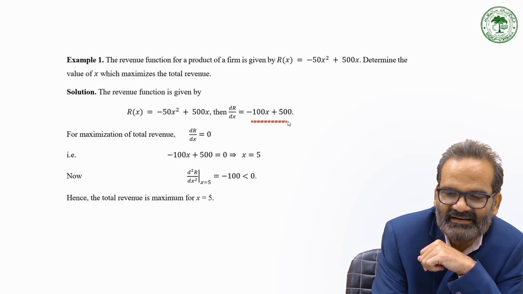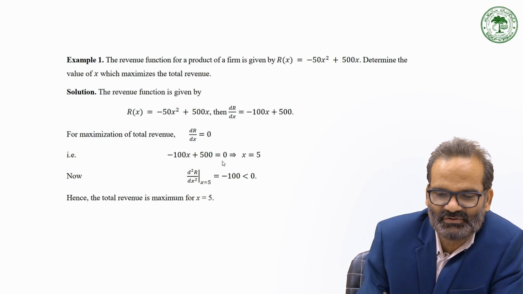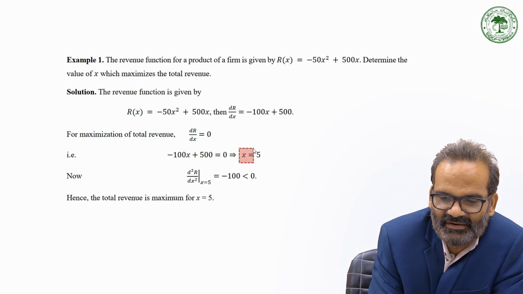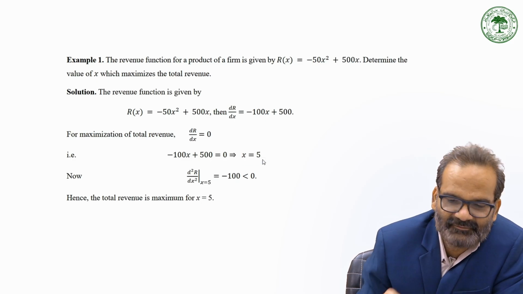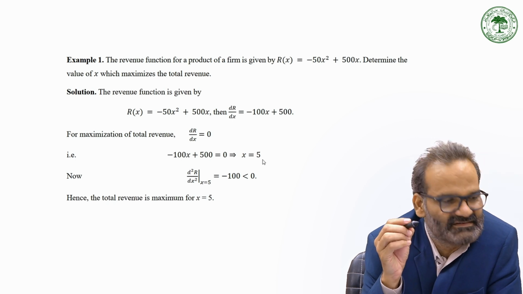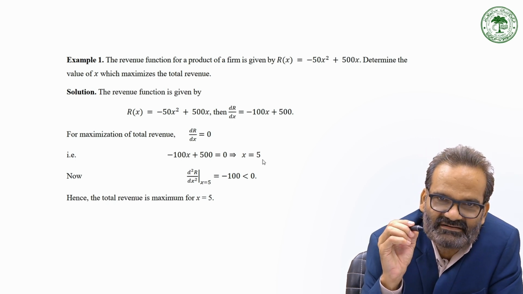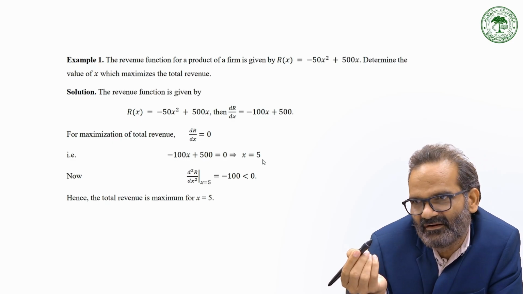This means minus 100x plus 500 should be equal to 0. So x comes out to be 5. This is the value of x, and x equals 5 is your stationary point, which will give you the point of maxima.